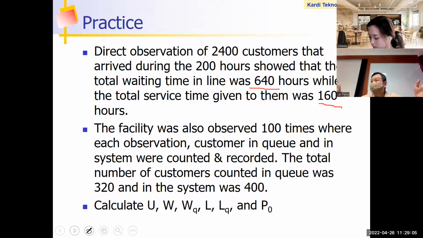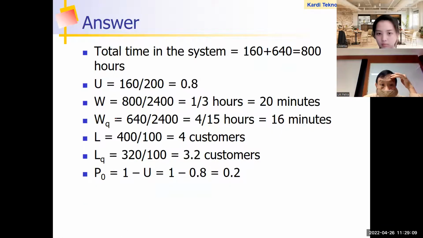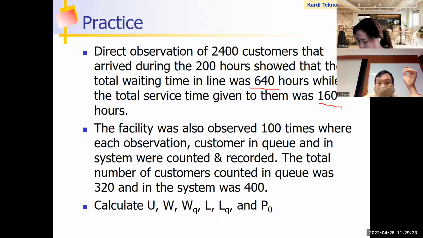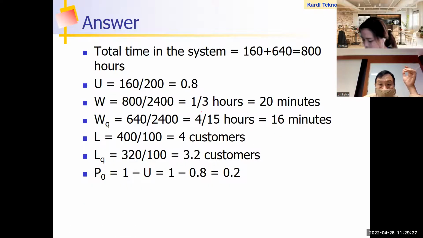And then W here is 800 divided by 2,400. This is the total time in the system divided by the number of customers, right? So you get 1/3 of an hour, that is 20 minutes, and so on.